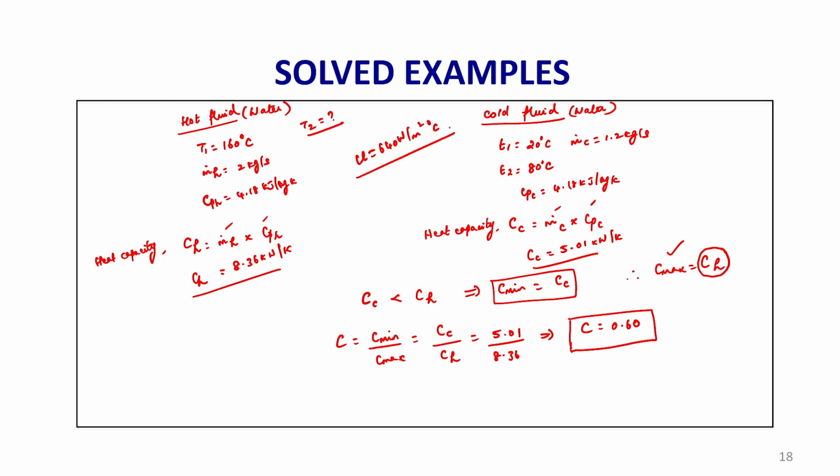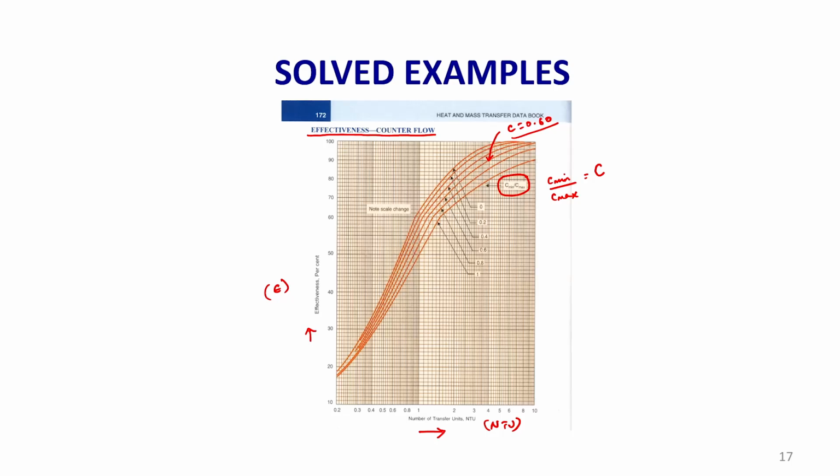So NTU equals U into A by C minimum. U is given in the problem, and C minimum we have calculated. If we find the NTU from this chart, then I can find the area. Once I know the area, which is nothing but pi d l, I can find the length of the heat exchanger.